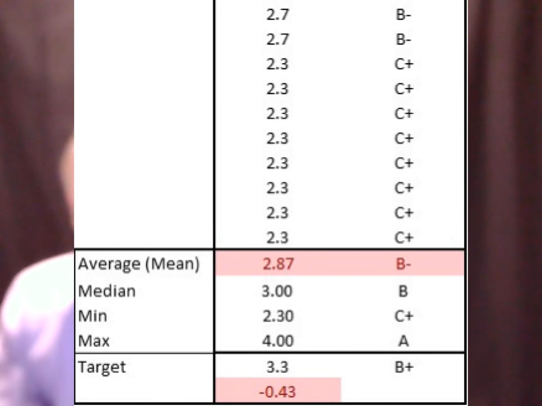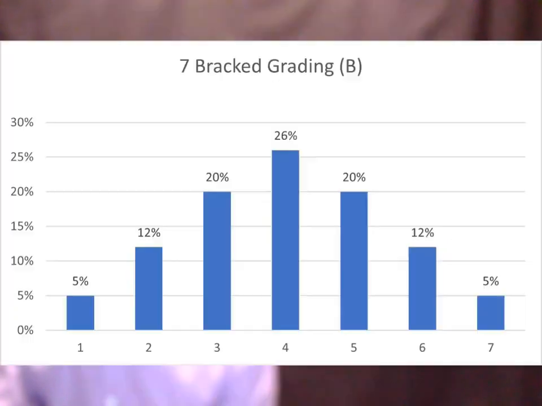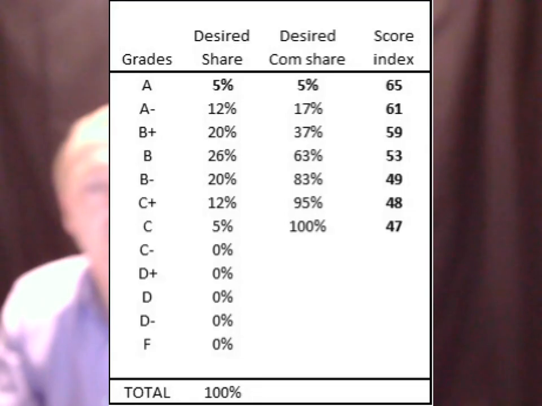There's also a model called the 7 bracket distribution model, which has, as it says, 7 different brackets, and you can see the brackets here, starting with 5%, 12, 20, 26, 20, 12, and 5. Now that is also a method that we can use. It then averages out on B, and it is done exactly like the 8 brackets distribution method I went through, so I will spare you that here.